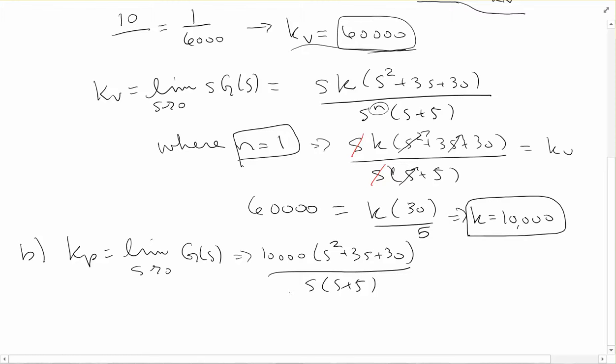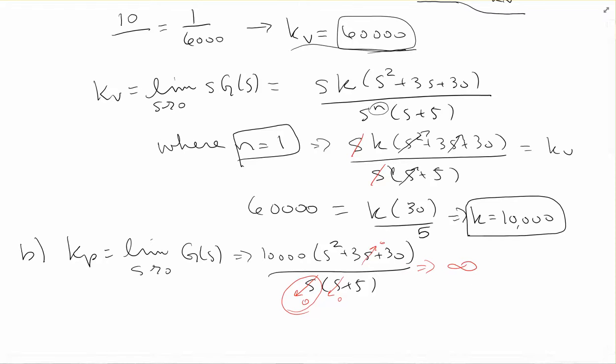And then if we do this limit, let s go to 0, this goes to 0, this goes to 0, this here also goes to 0. So with this one, we're making the denominator go to 0. So anything divided by 0 is going to go to infinity.